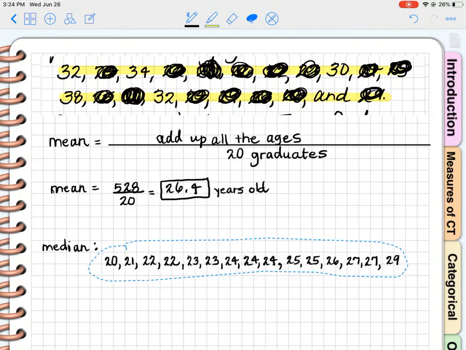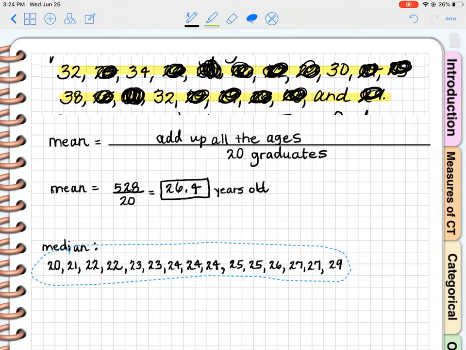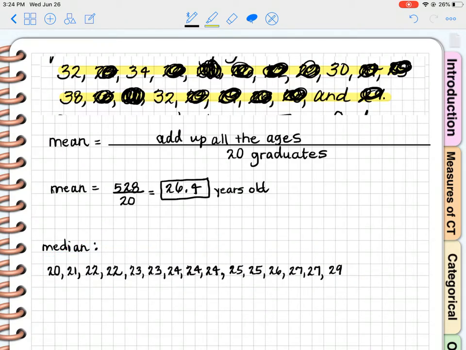I want this all in one line. That's why I'm moving it over. Okay, the 29-year-old we got. There's a 30-year-old. No 31s, but we have two 32s. A 34 and a 38.